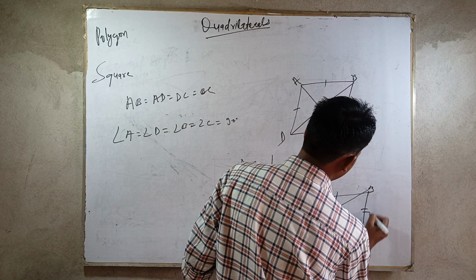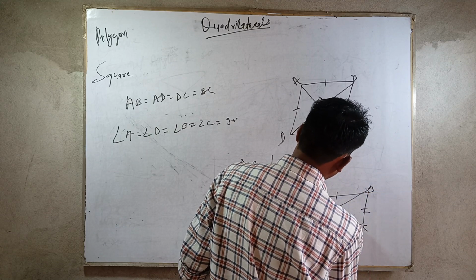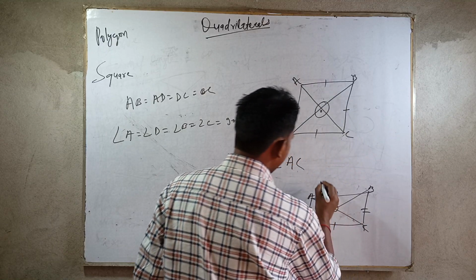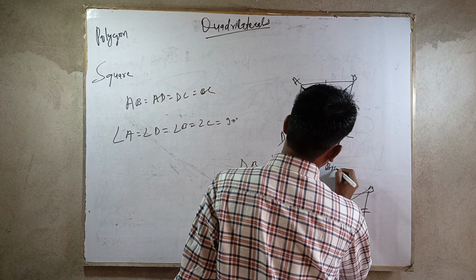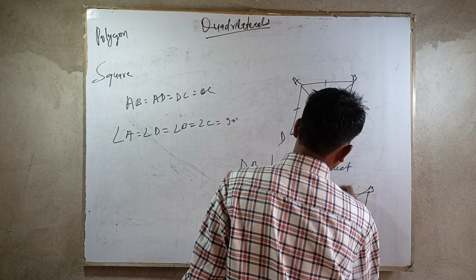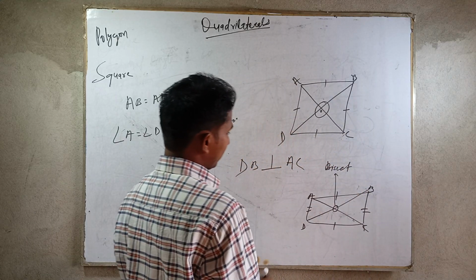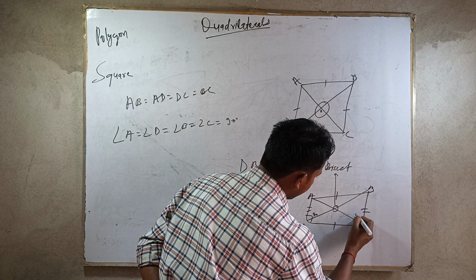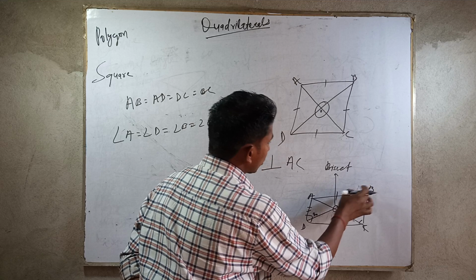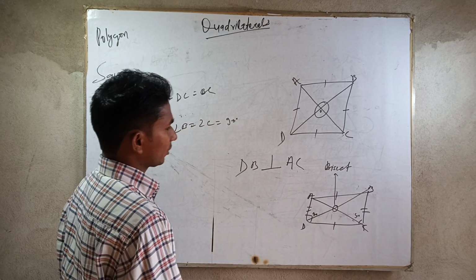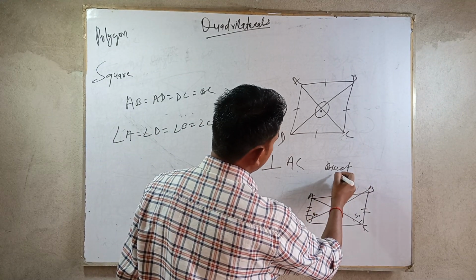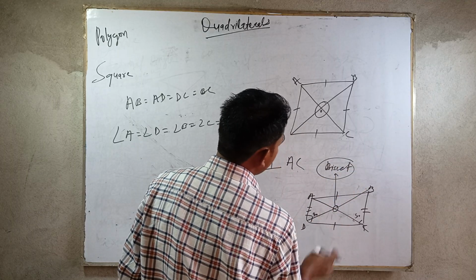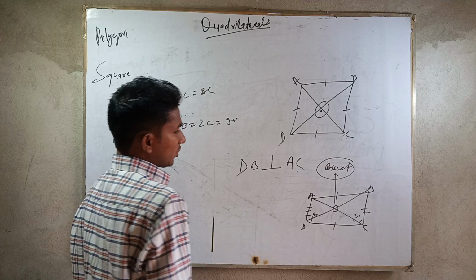A, B, C, D, and its diagonals bisect each other. Every angle is 90 degrees and the diagonals are also equal to each other. But the one thing is that the diagonals divide each other and opposite sides are equal.